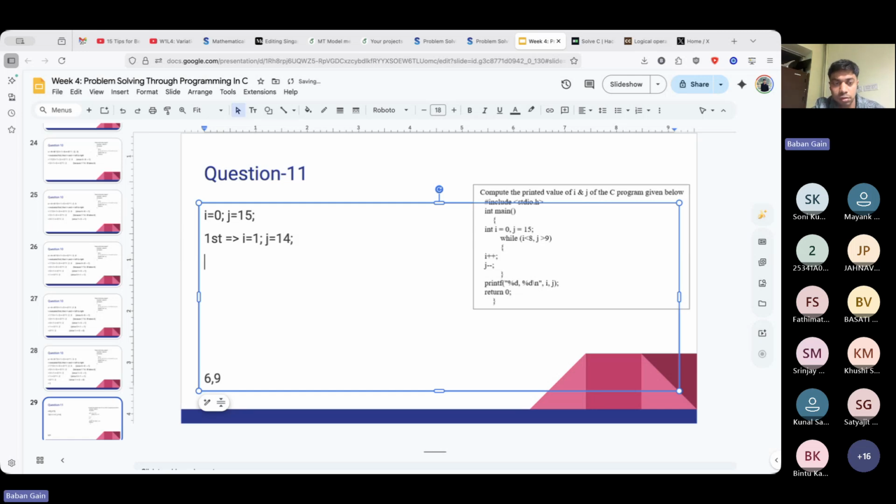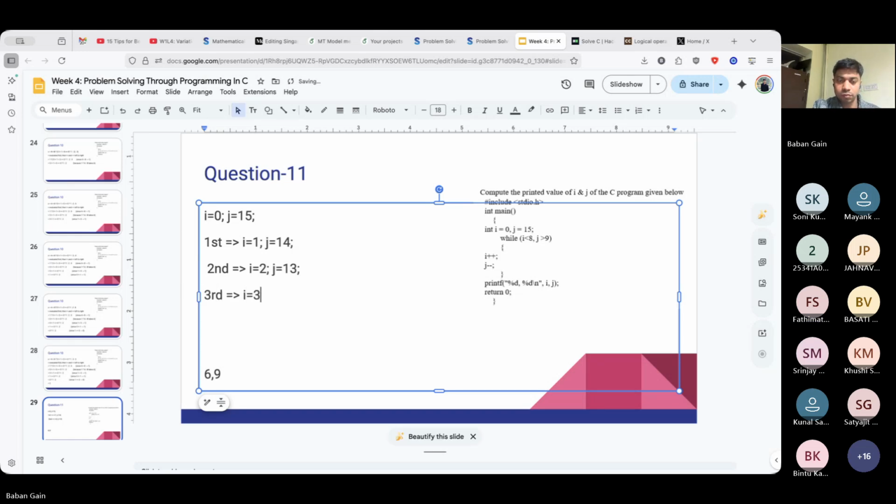Then i is 2 and j is 13. Then i is 3, j is 12.